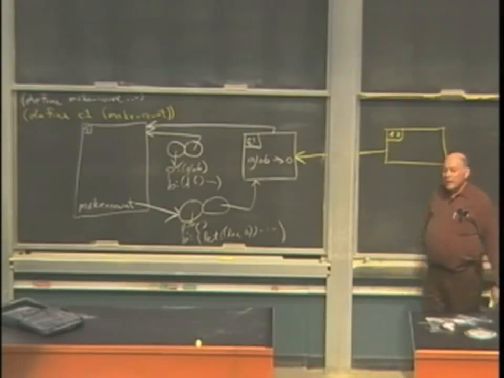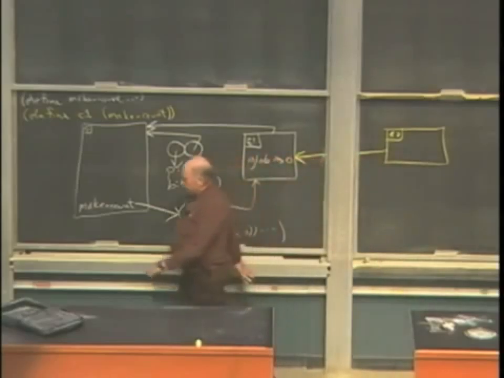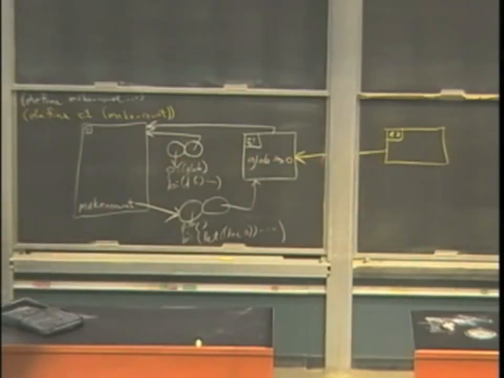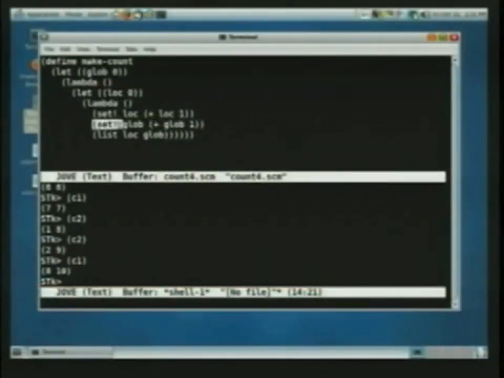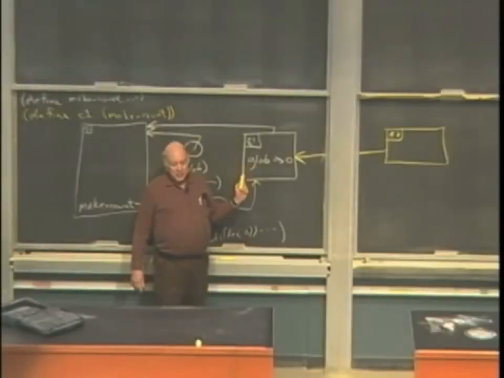Way down in the body of this lambda, like, for example, here, we're going to make reference to the variable glob. What variable do we mean? Well, we mean this one. So this code down here had better have access to the environment in which glob is defined.